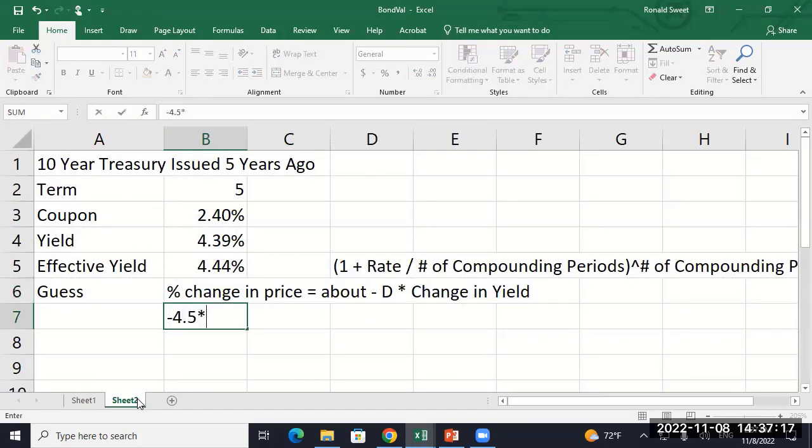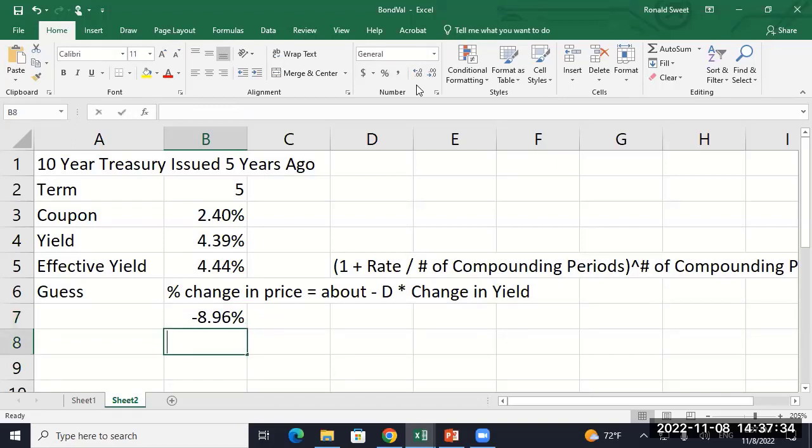Minus 4.5 times, well, interest rates today are 4.39. They were 2.40. So we expect this bond to be down about 9%. If it's a $1,000 bond, we can already say $1,000 down 9%, our starting guess is $910. So if I get 820 or if I get 990, I know I probably did something wrong.